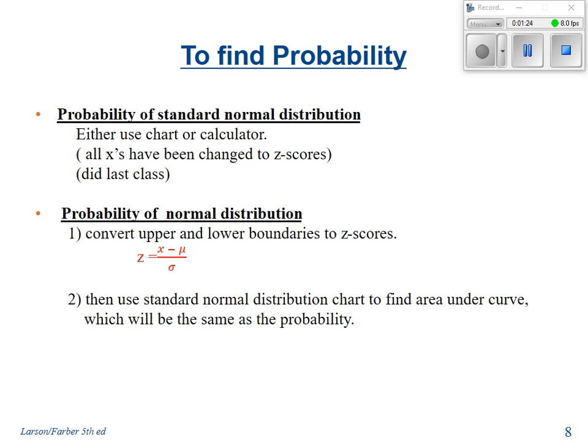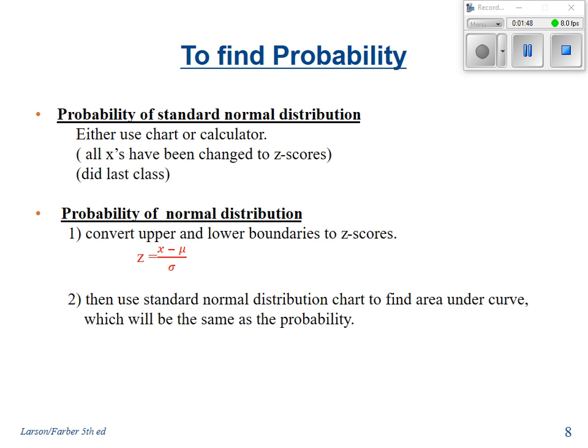All the x's have been changed to z-scores. That's for the standard normal distribution. You're changing everything into a z-score. If we just have a normal distribution, then what we can do is convert to z-scores, then use this.